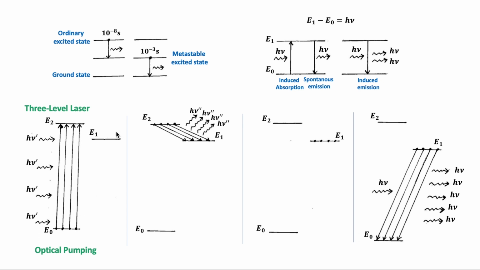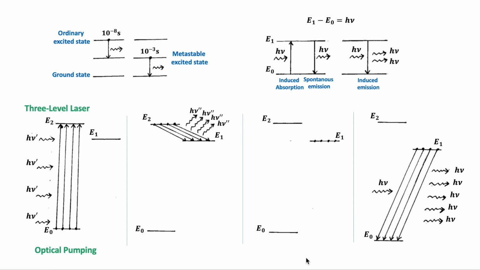And so the rate of induced emissions will be equal to the rate of induced absorptions, okay? So the assembly cannot have more than half of its atoms in the metastable state, in the case of a 2-level system, okay? And this means that laser amplification will not occur.